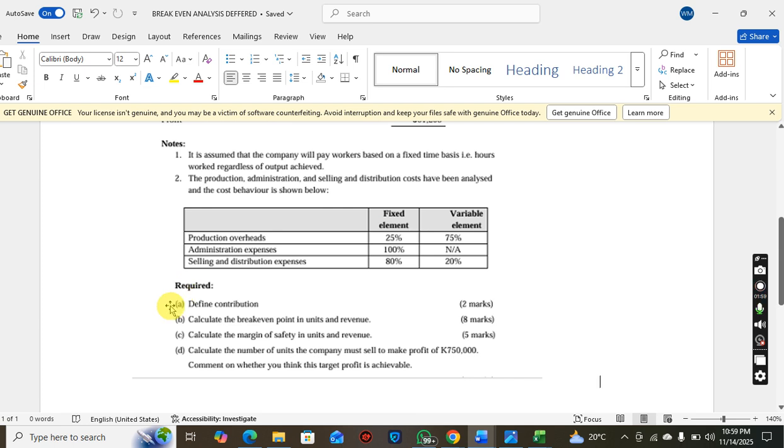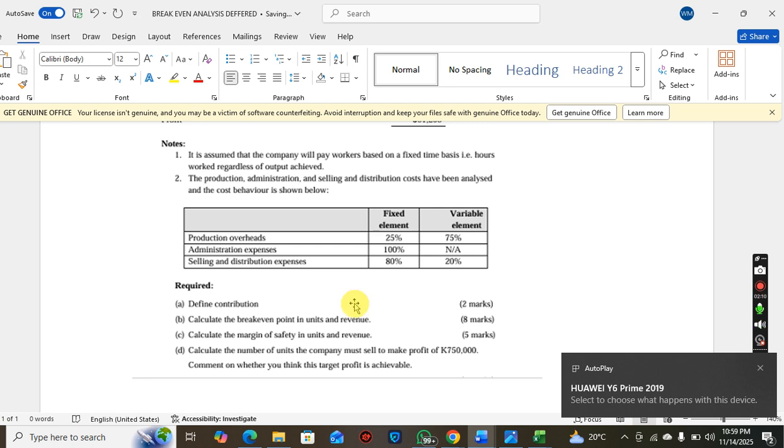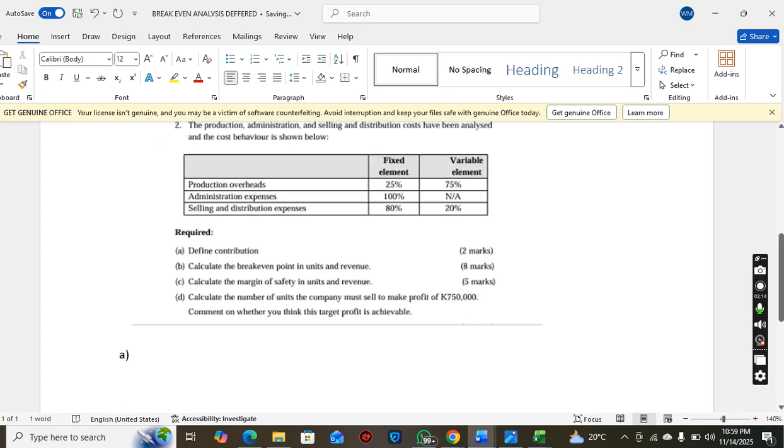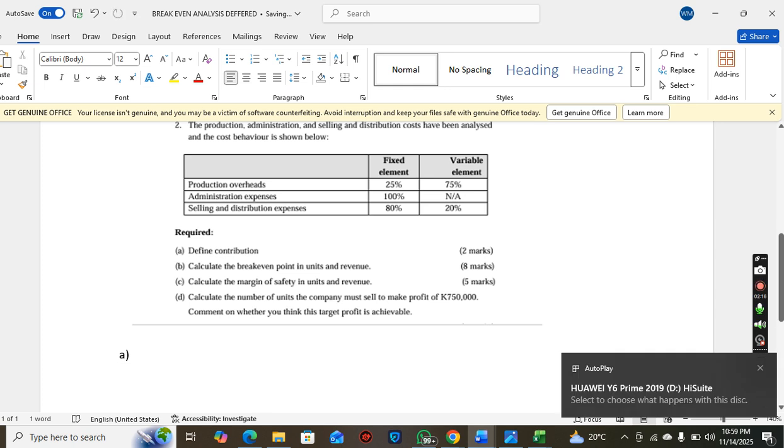So, A, define contribution. Colleagues, I believe we all know the definition of contribution. Let me hear your definition before I give you my definition of contribution. Yes, Madam Wanza, what's your understanding of contribution?